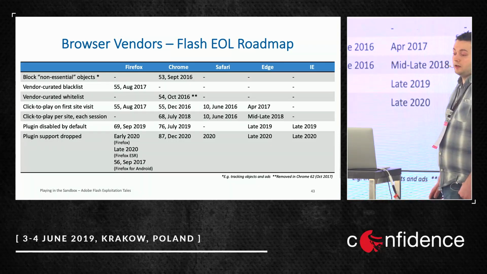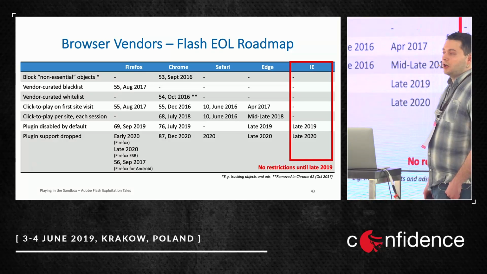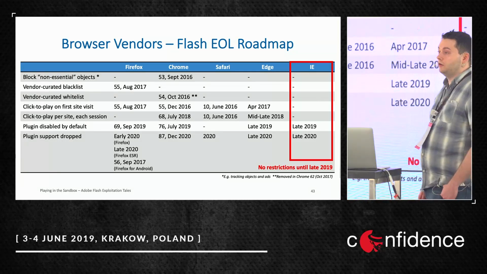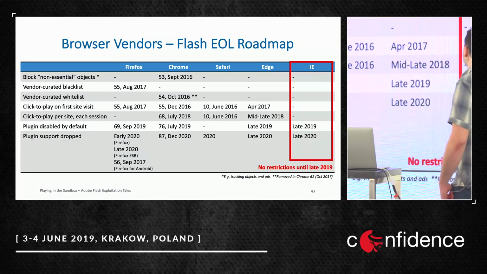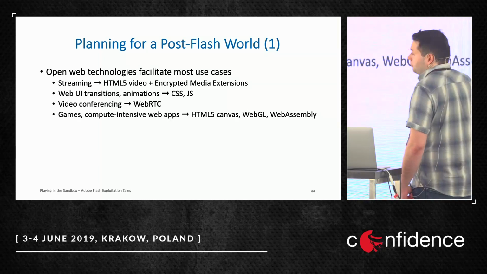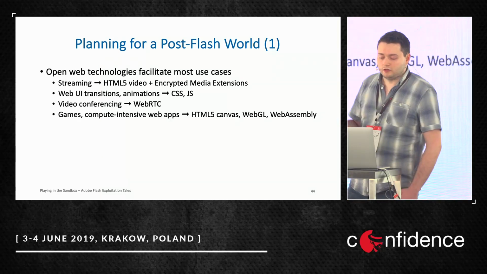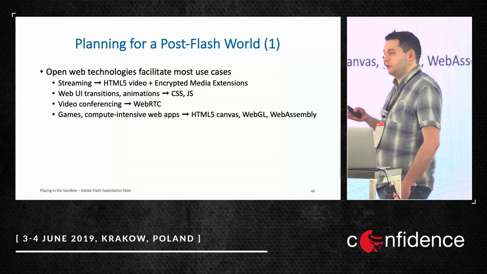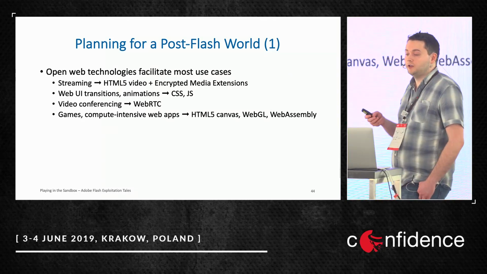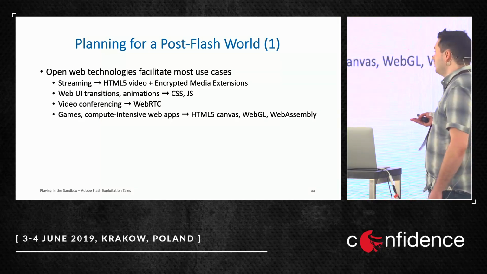What is interesting, though, is that Internet Explorer is an exception to this, because there are no restrictions on Flash until late this year. In response to web browser vendors deprecating Flash, the web has moved to open web technologies. For streaming, there's HTML5 video.